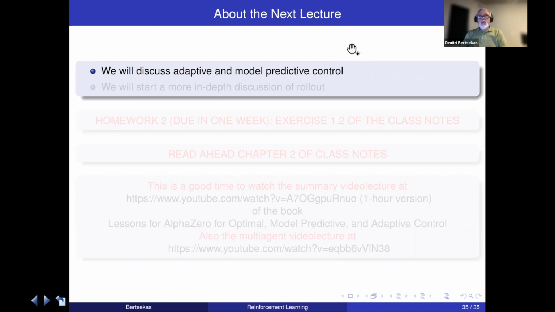We're going to see that this has close relation to the AlphaZero architecture. And we'll discuss the special issues of approximation in value space in that context. And then we're going to go into more in-depth discussion of rollout, the cost improvement property that I mentioned in the past, and various types of rollout algorithms involving various types of approximation.